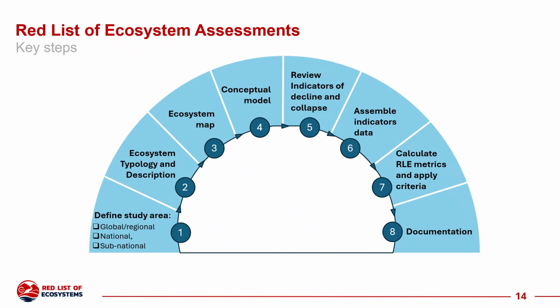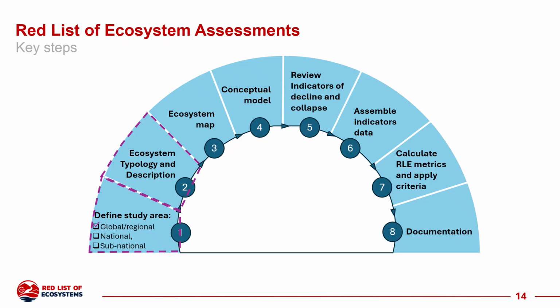We'll begin by discussing the chosen study areas, then how to define units of assessment, that is, how to decide on the spatial boundaries and scale at which ecosystems will be evaluated. Then we'll look at how to describe your ecosystem, identifying its defining features, ecological processes and key drivers of change.